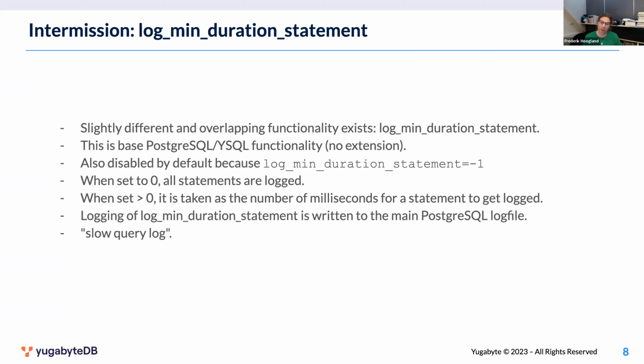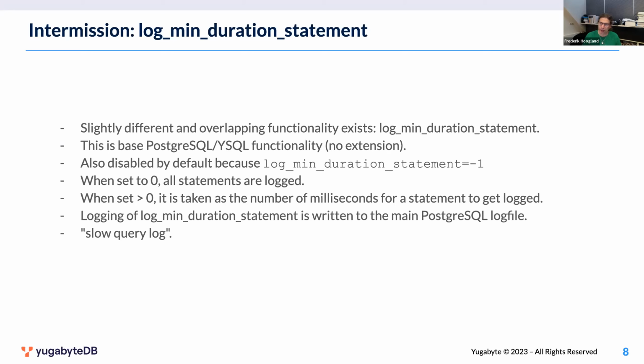It's also disabled by default, with log_min_duration_statement set to -1. If you set it to 0, then all statements are logged. If you set it to a value greater than 0, it is taken as the number of milliseconds before a statement gets logged. It's also written to the main Postgres log file.